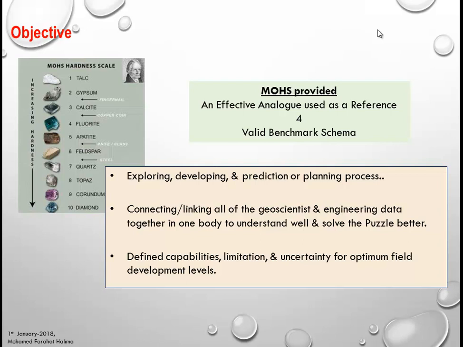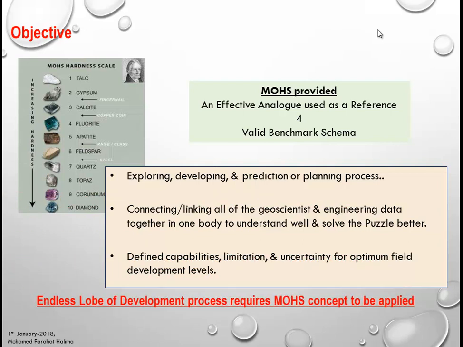I would like to say that the main objective of the geoscientist while running Earth modeling, or any step of the Gantt chart of the FDPs, is because it's an endless development process. Once it starts, you have to go back again, so it's a back and forth process, a loop. That requires Mohs' concept to be applied: create an analog, create your reference.